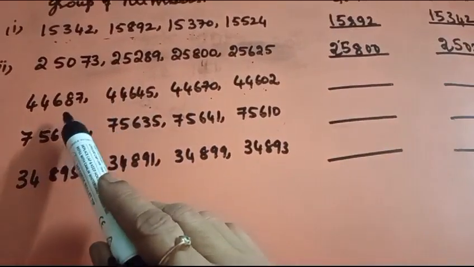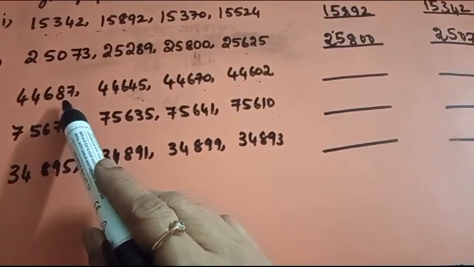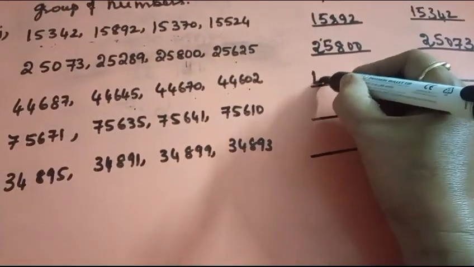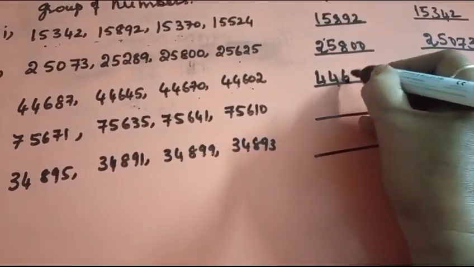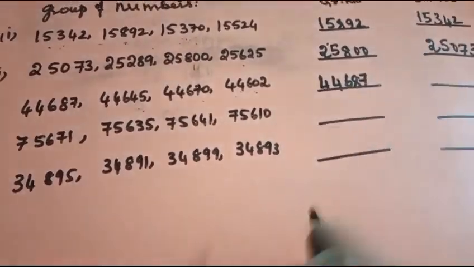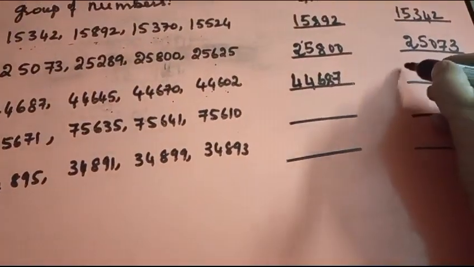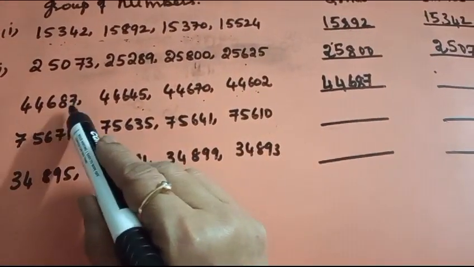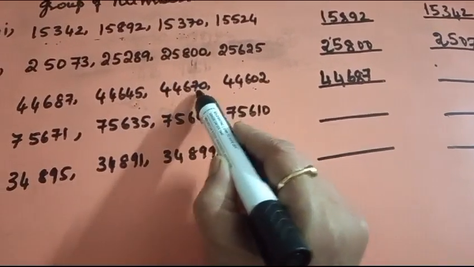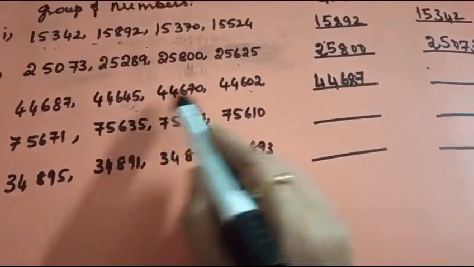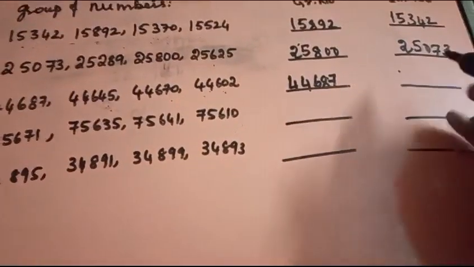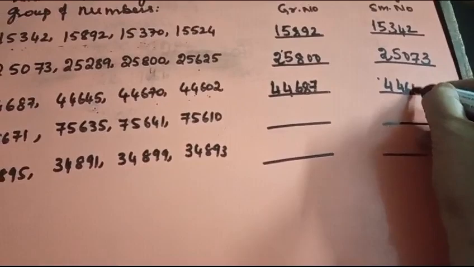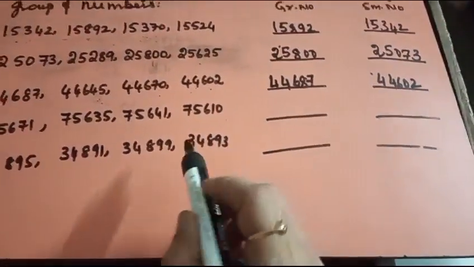We know that 8 is the greatest value, so 44,687 is the greatest value. For the smallest one, 8 is already taken; of 4, 7, 0, 0 is the smallest one. So we will write it as 44,602.